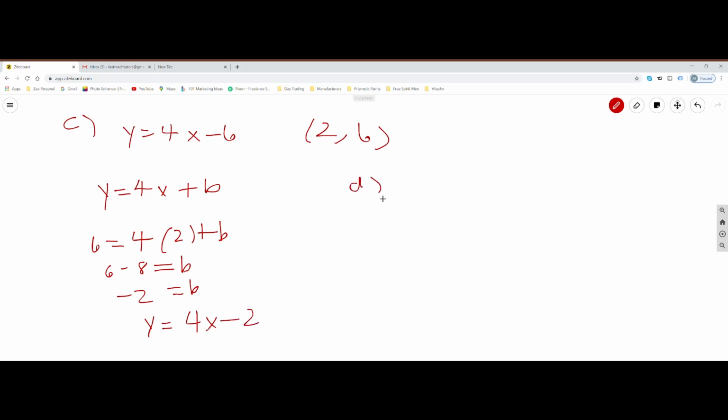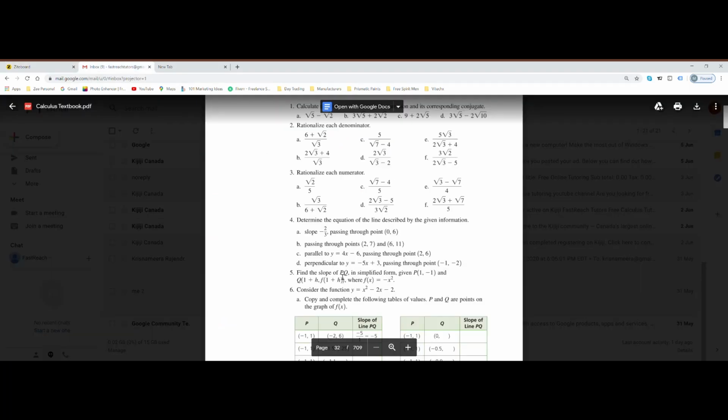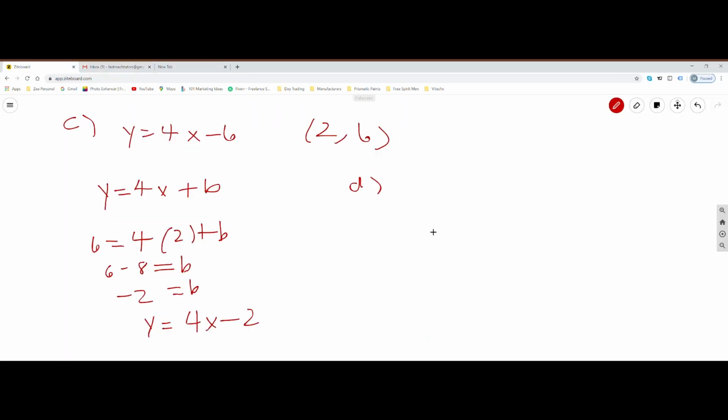Let's look at D. It's the equation perpendicular to negative 5x plus 3, passing through points negative 1 and negative 2. So you have the equation negative 5x plus 3. So if it's perpendicular, if you multiply the two slopes, it should be negative 1. So it should be 1 over 5.